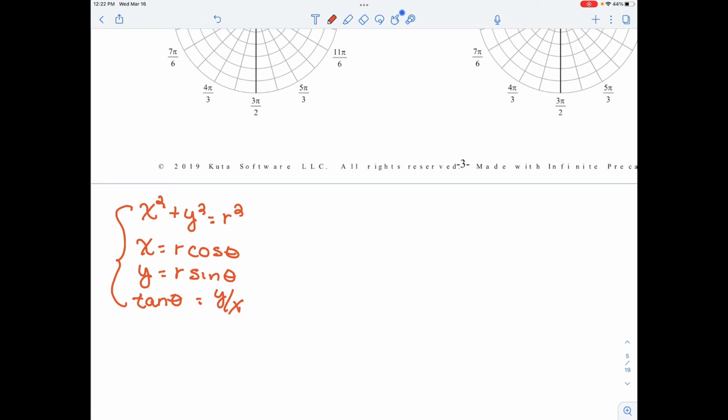All right, so let's start by looking at y equals 5x. When I'm doing this, what I want to do is get rid of my x's and my y's. So y is r sine theta, and 5x would be 5r cosine theta.